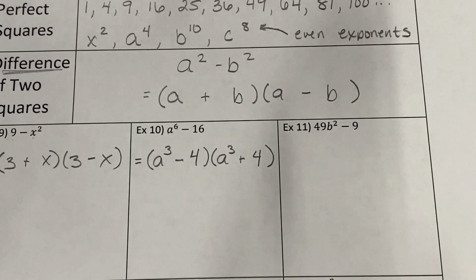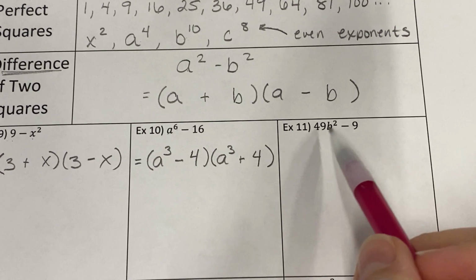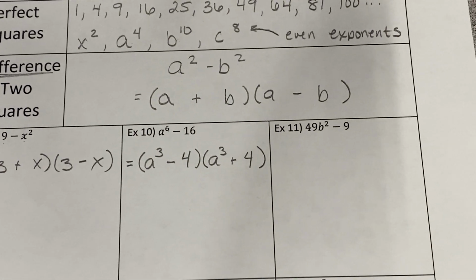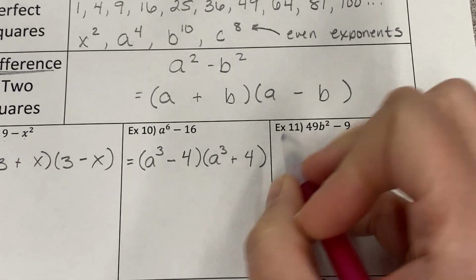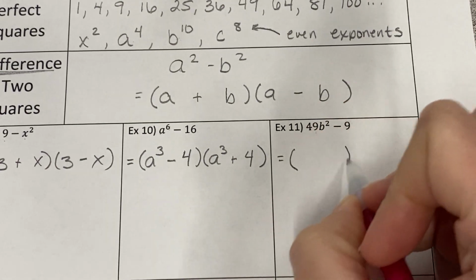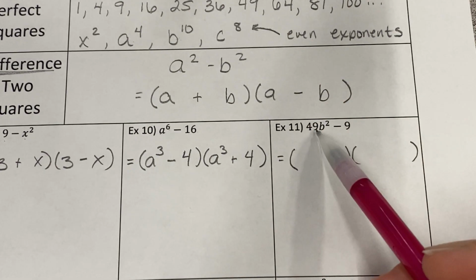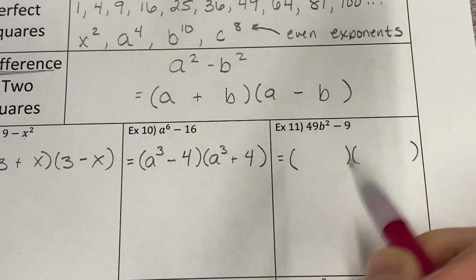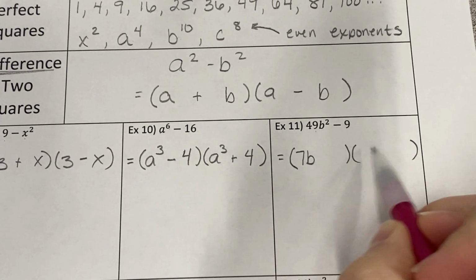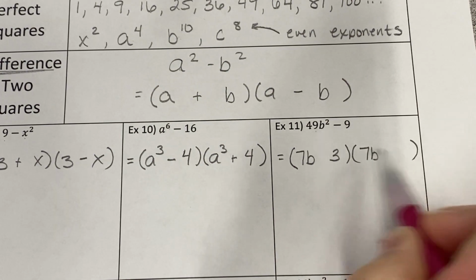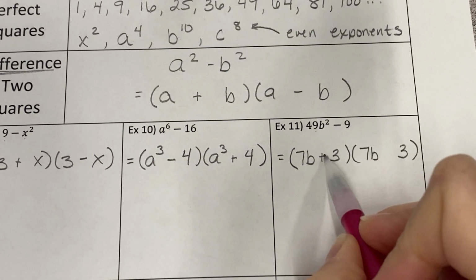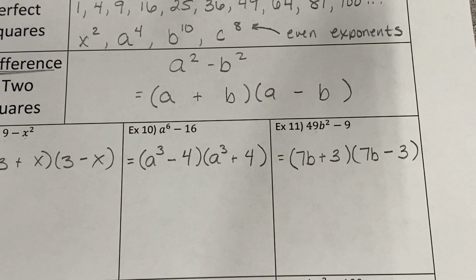Example 11, GCF. No. Okay. Are these perfect squares? Yes and yes. The square root of 49b squared is 7b. The square root of 9 is 3. Plus, minus, or minus, plus.